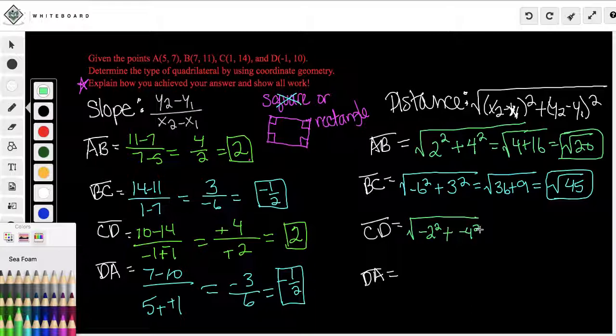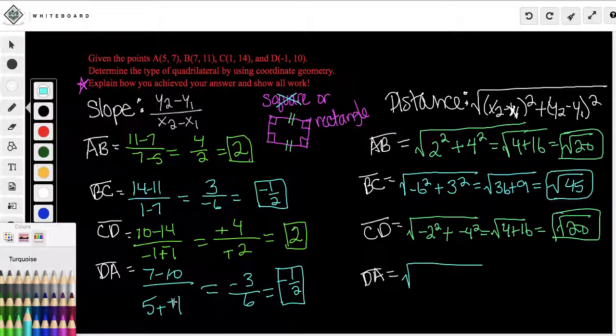So negative 4 squared, and that would be negative 2 squared is 4, plus negative 4 squared is 16, which equals the square root of 20. So I already noticed I already have a square root of 20 up here, right? So these two are going to be opposite sides are congruent. I'm just making up any two sides, right? So if this last one is square root of 45, then we know it's definitely a rectangle.